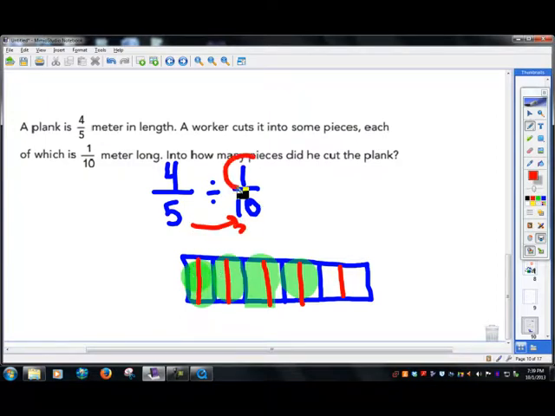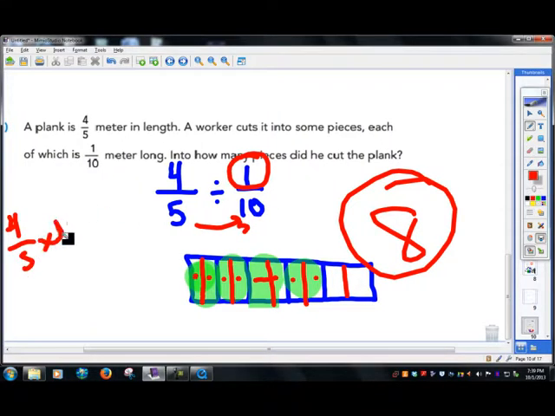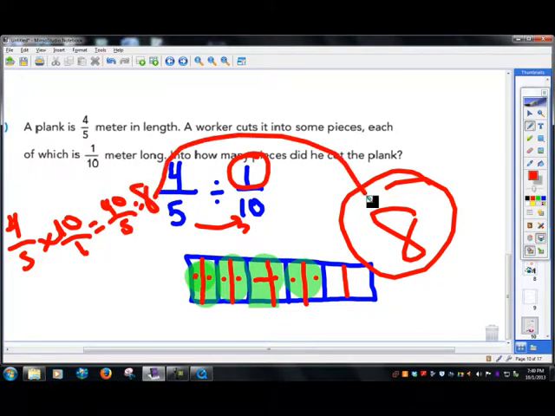So now we're looking, how many groups of 1 do you see? 1, 2, 3, 4, 5, 6, 7, 8. There are 8 groups of 1/10 in 4/5. Okay? Use the algorithm. That's going to become 4/5 times 10 over 1, which is 40 over 5. 40 divided by 5 is indeed 8. Okay?